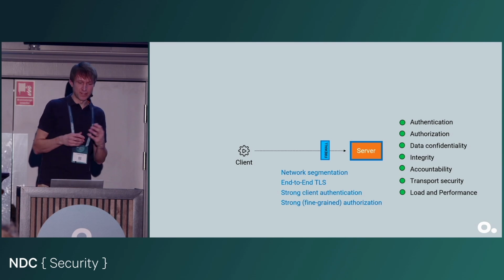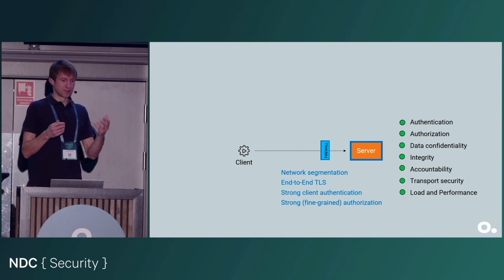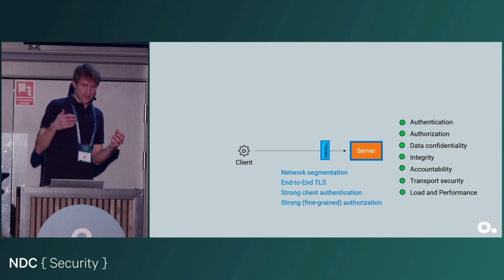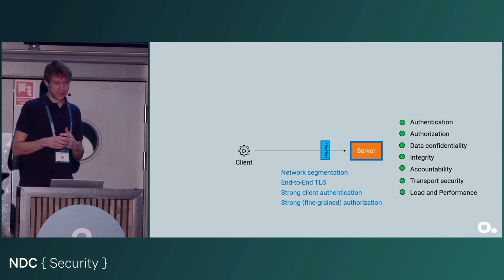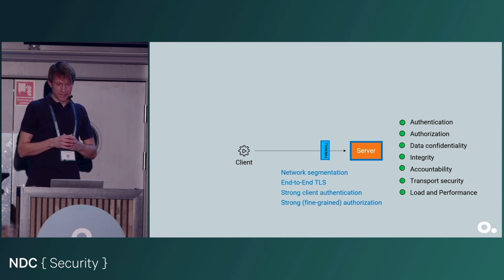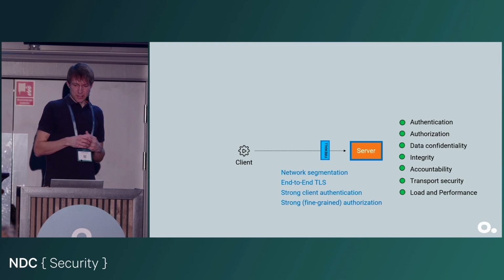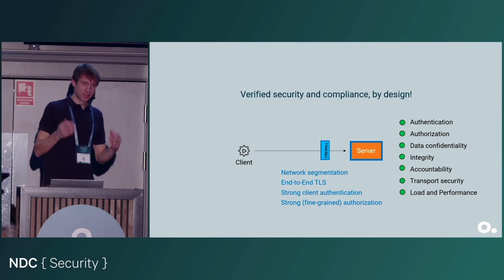So you have tests that show that you're not easy to take down with denial of service attacks, that the scale out works, and that the DDoS protections are in place, and things like that. But let's say we have done all this, then it's fair to say that we have integrations that are secure and compliant by design, and that's pretty good.